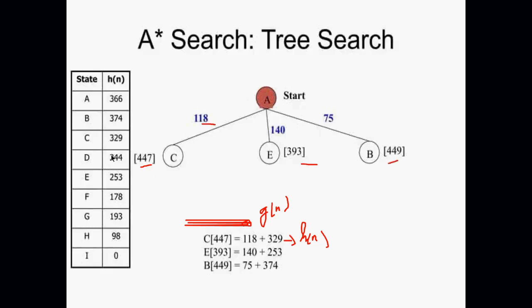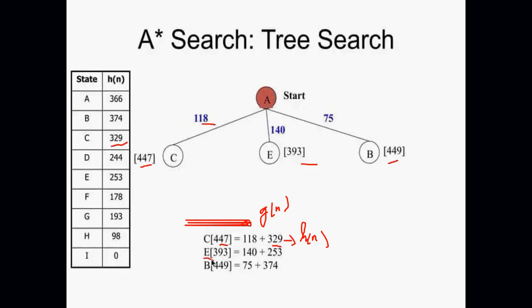From A to C, it's going to be 447. How has this value been got? I'm going to take 118, which is the g of n, plus h of n, which is the value of C here, 329. So 329 plus 118 gives you 447.